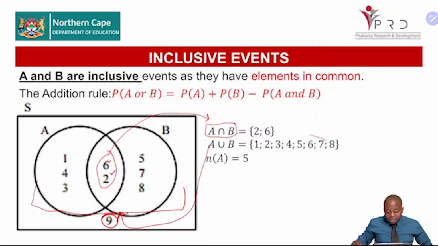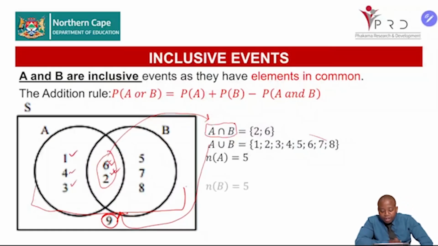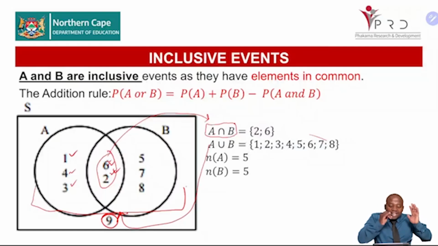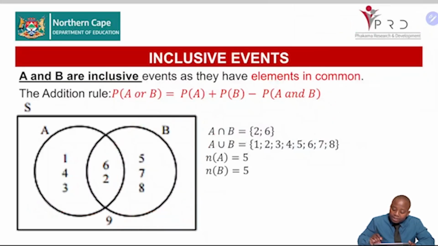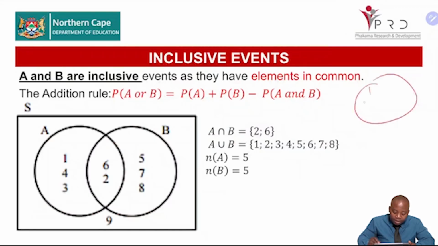Then we can now say the number of events of A. How many are they? It's 1, 2, 3, 4, 5. We're just counting how many events exist in our event A. We can separate the two events. Let me make it bigger. In A, I have 1, 4, 3, 6, 2.